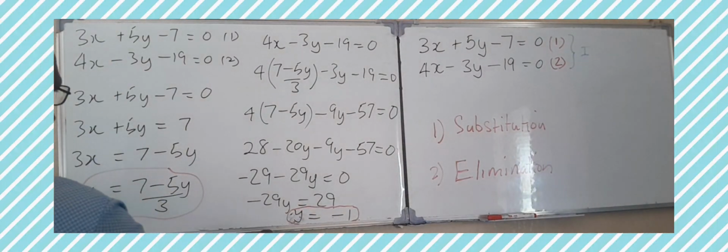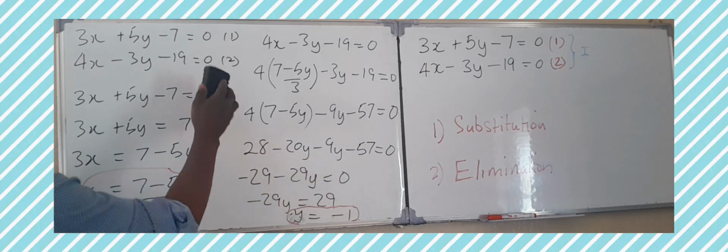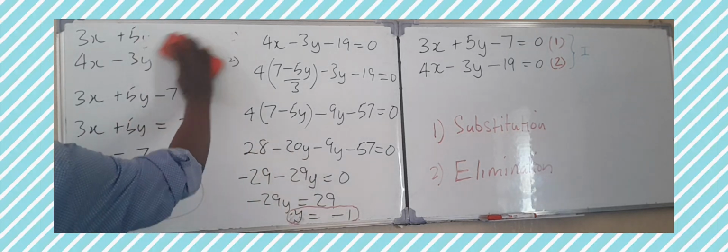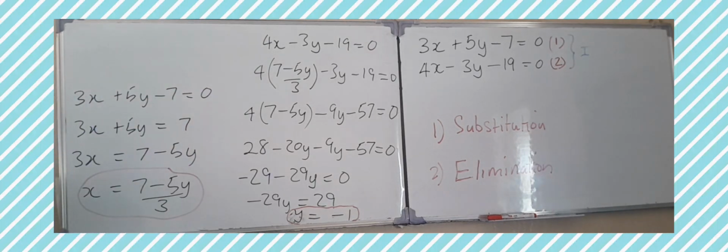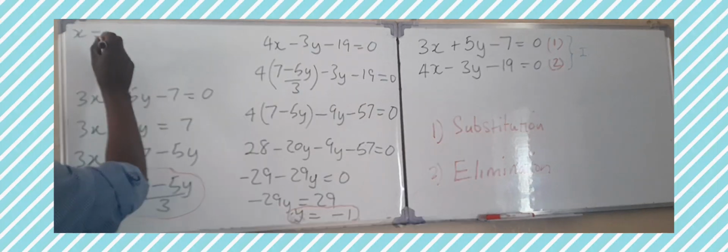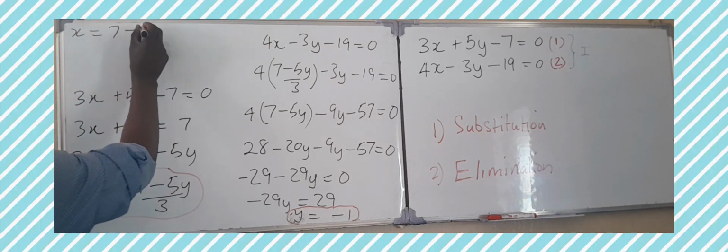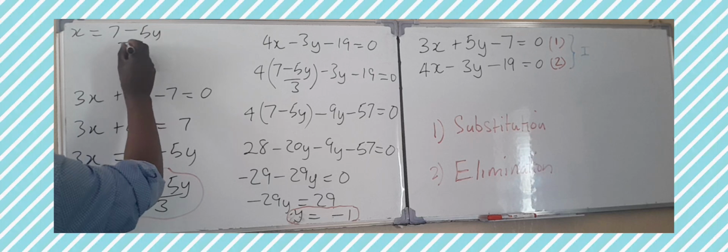Now, if y is equal to minus 1, we have established that x is equal to 7 minus 5y divided by 3. Remember we said here that x is equal to 7 minus 5y all over 3.